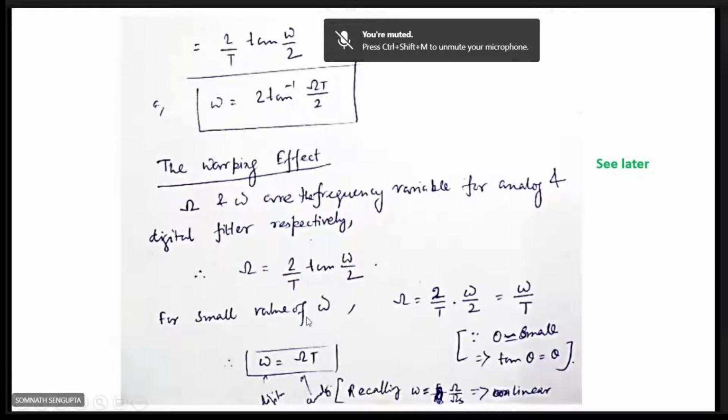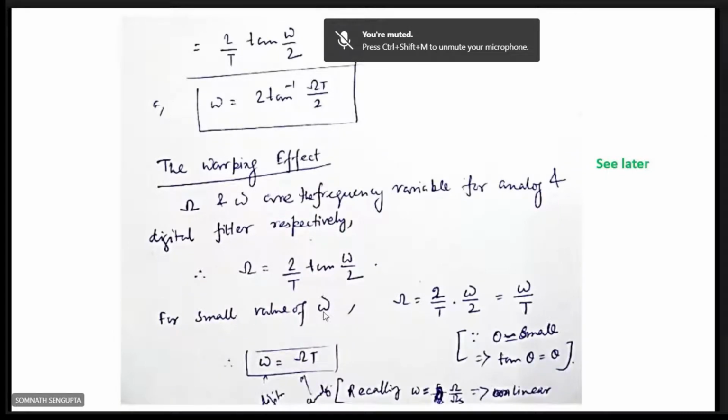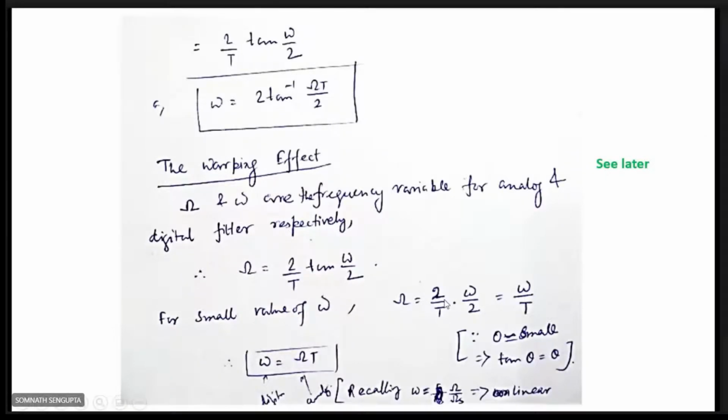Now for small values of omega, that is low frequency, it is 2 by T into omega by 2, or omega by T. So omega is equal to capital omega into T. One is analog frequency, capital omega, and small omega is digital frequency.